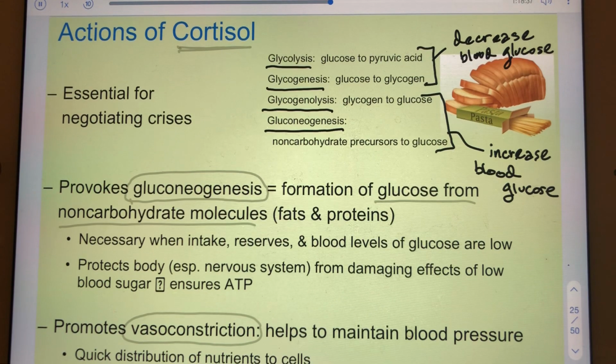Okay, so knowing those vocab terms now, we can talk about cortisol. Cortisol, being a glucocorticoid, helps us to cope with crises that render irregular availability of fuel sources, like the zombie apocalypse.